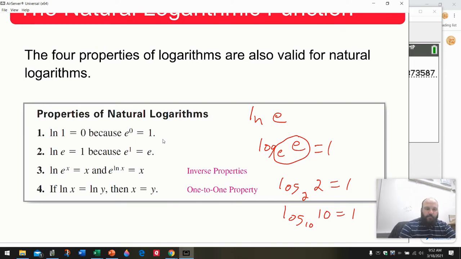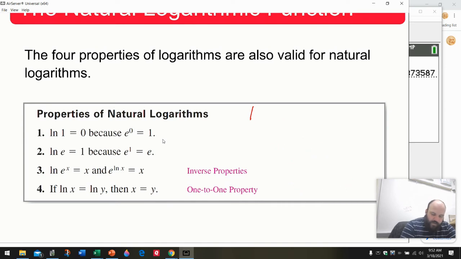Now the next one shows that if you have natural log of e to the x, then that just equals x. And so this here again is the natural log's base. This is base e. So anytime these two match, they're going to cancel, and it's just left with x. So that's another one of your rules. That is called the inverse property.